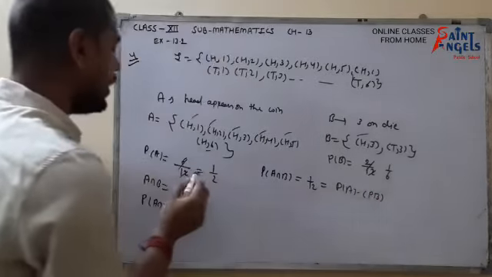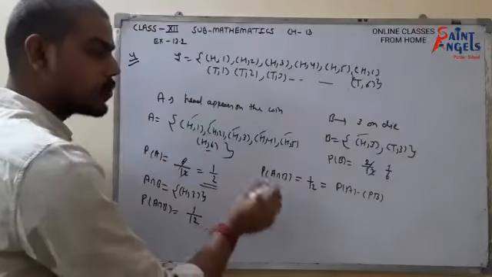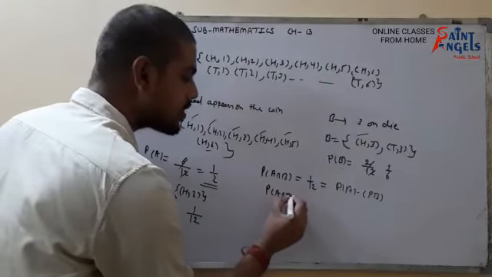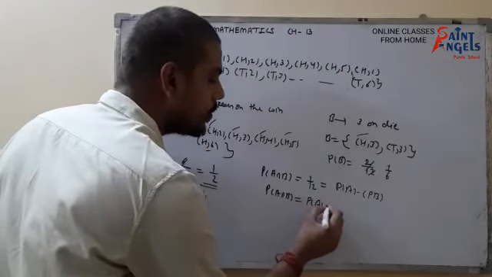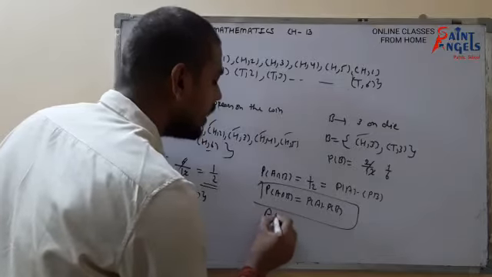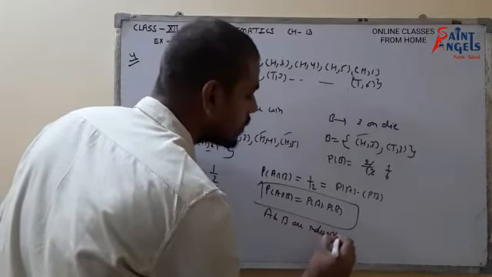P(A) is 1 by 2 and P(B) is 1 by 6, so 1 by 2 into 1 by 6 is 1 by 12. For independent events, P(A intersection B) should equal P(A) dot P(B), which is true for this case. Hence A and B are independent events.